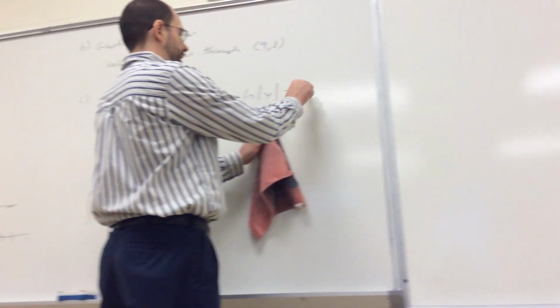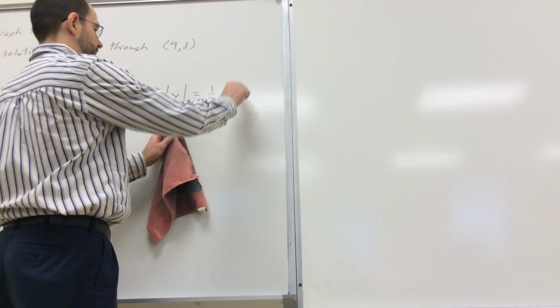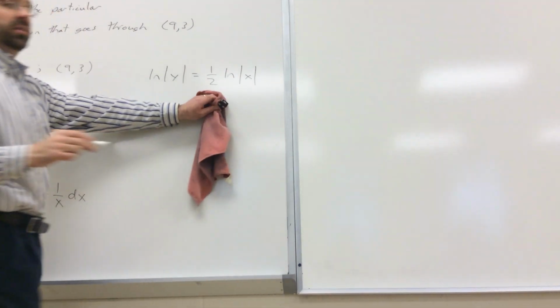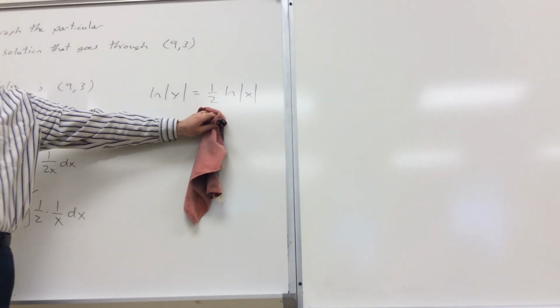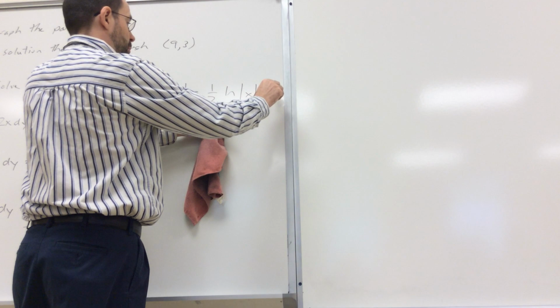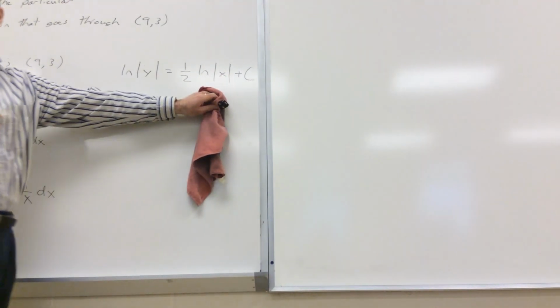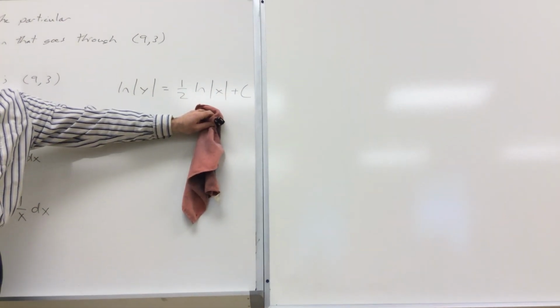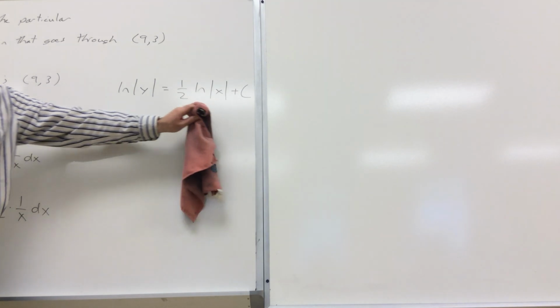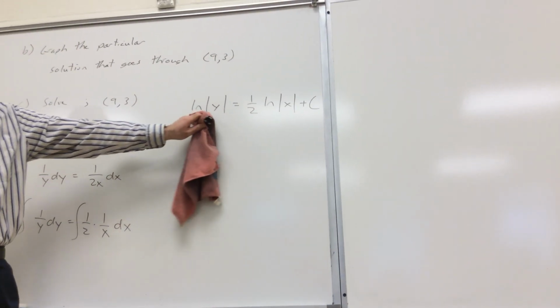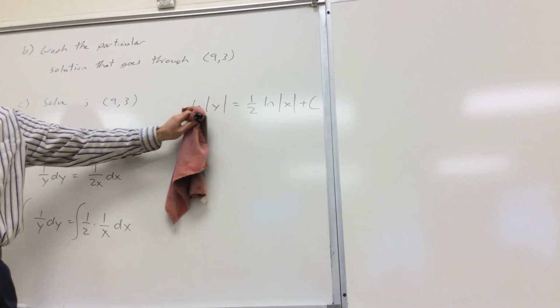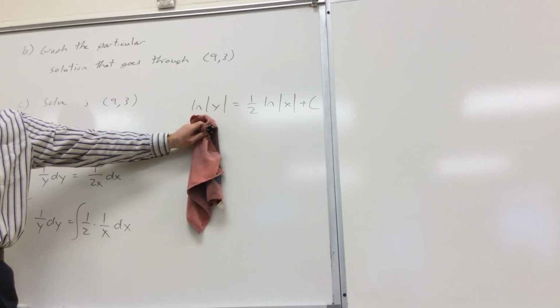So this is 1/2 times the natural log of the absolute value of x. And then don't forget plus c. And usually we just put 1 c on the right side. Okay, now I need to solve for y. So I need to get rid of the natural log, and I need to get rid of the absolute value.